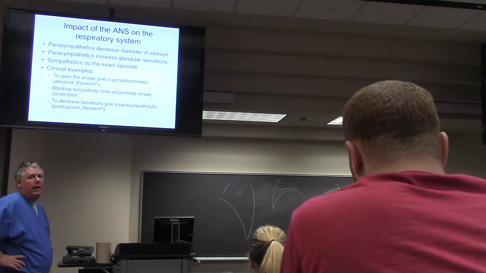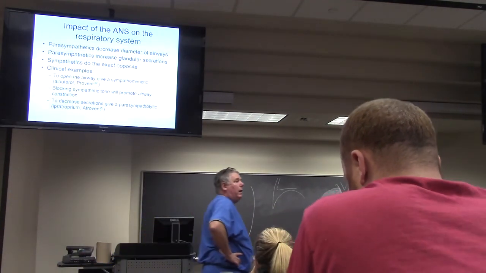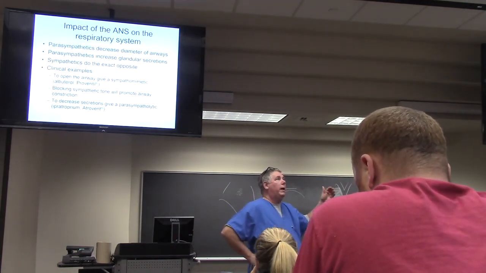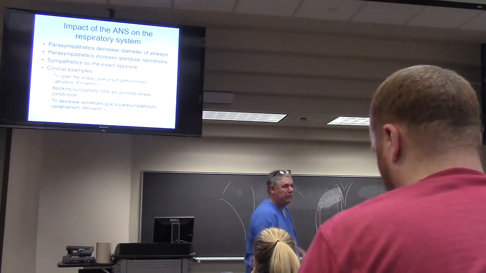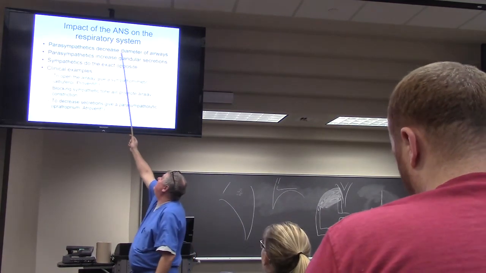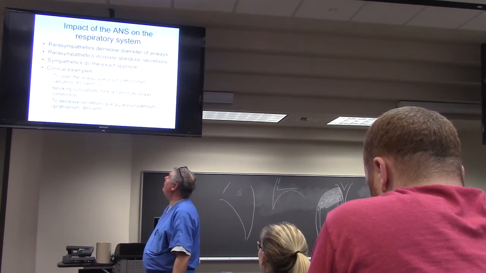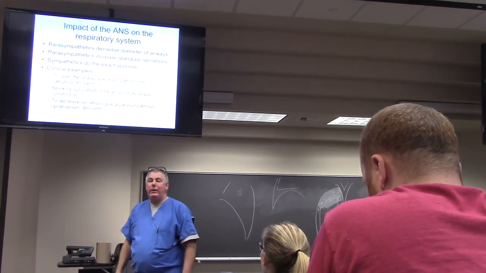So what is the impact of the autonomic nervous system on the airway? We know fight or flight. Sympathetics are going to dilate the airways as you're running. Parasympathetics are going to decrease the diameter of the airways. Parasympathetics also increase glandular secretions.